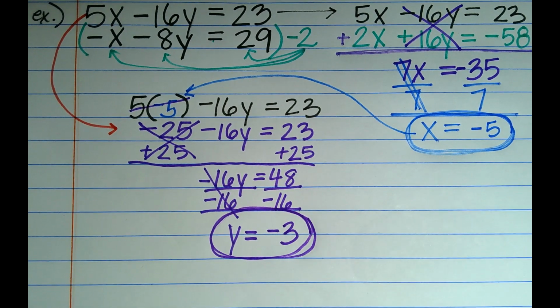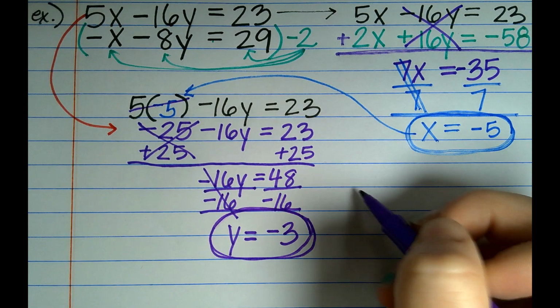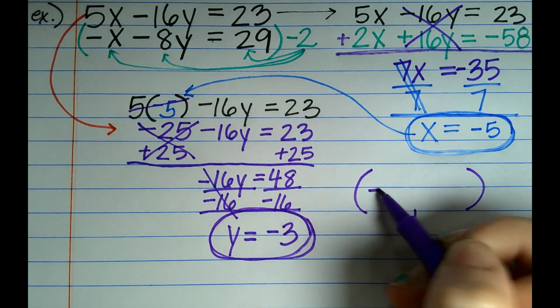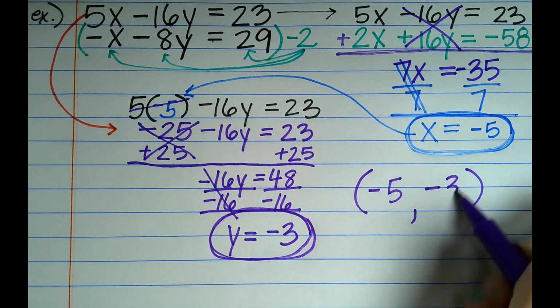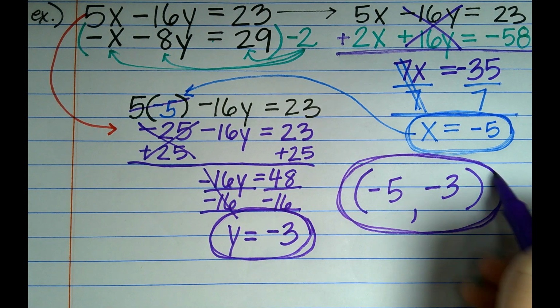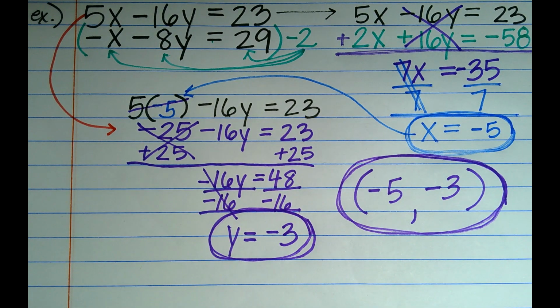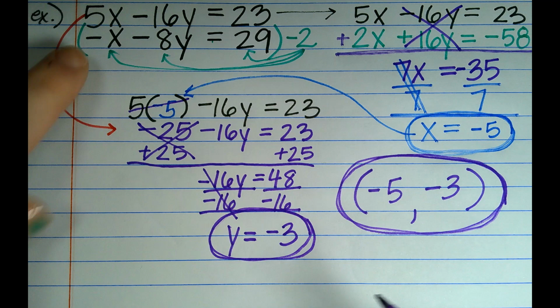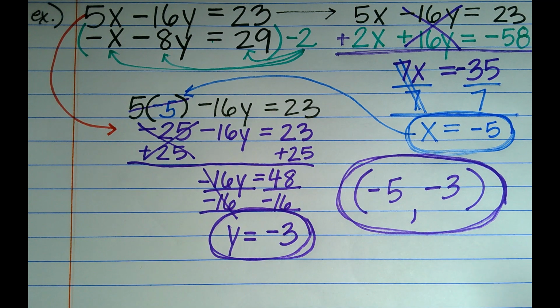So we've solved for x. We've solved for y. What would our coordinate be? Yeah, negative 5, negative 3. All right, guys. Yes. Okay, so just plugging it into the bottom equation on that place, negative x. You just do the negative parentheses, negative. Yes, and that would turn that into a positive 5 minus 8y.